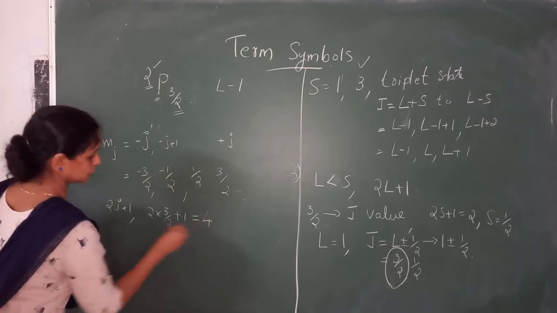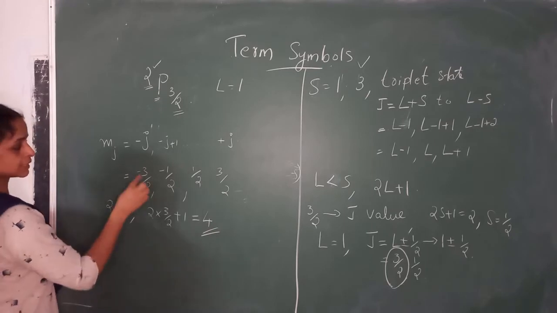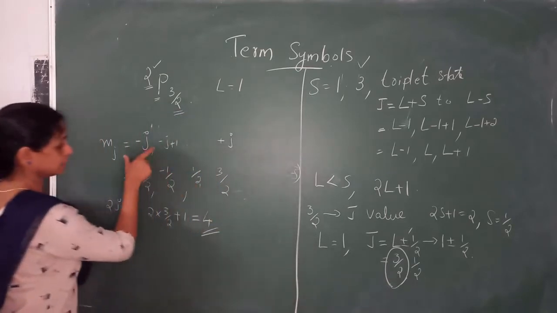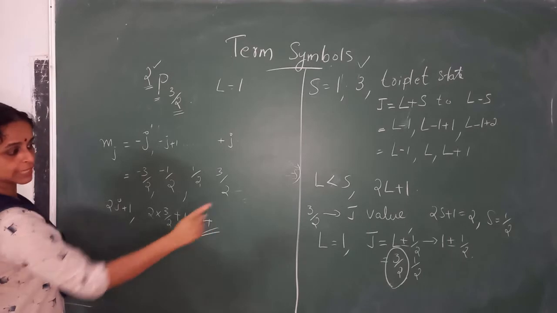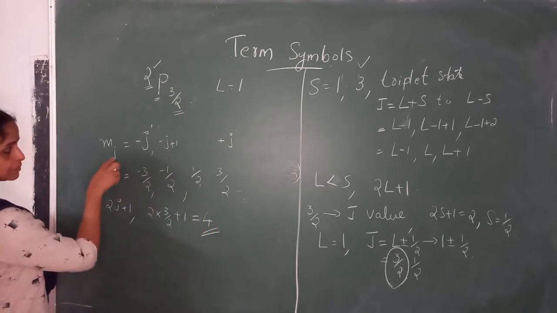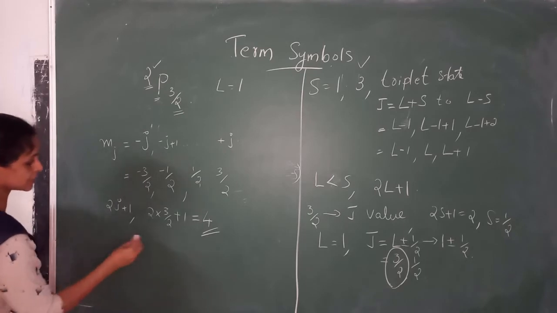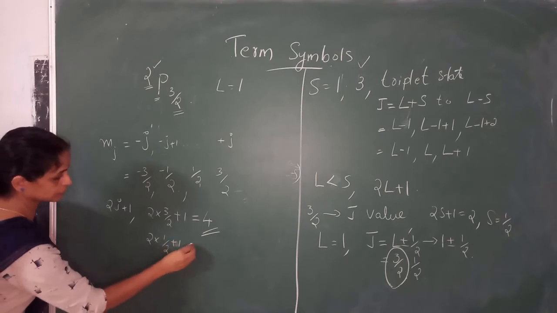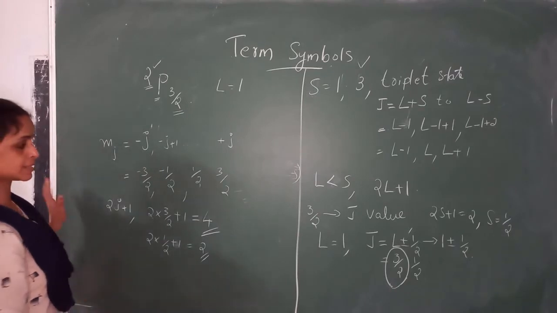So 4 different orientations for J. For J equal to half you will have MJ values minus half to plus half. So the orientations will be 2 into 1 by 2 plus 1, that means 2 possible orientations for J equal to half. We have already done this in the last class.